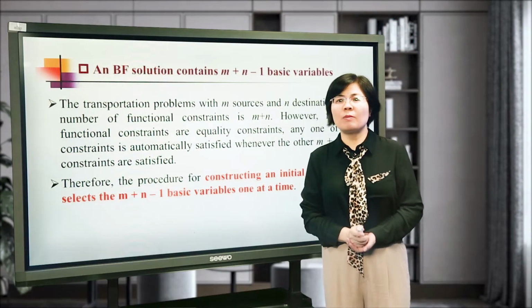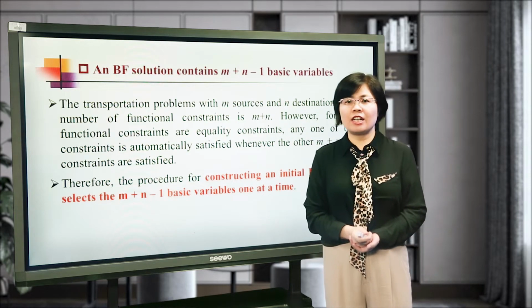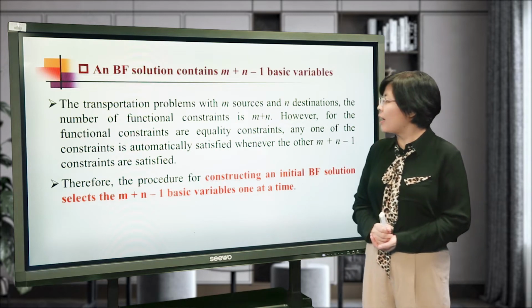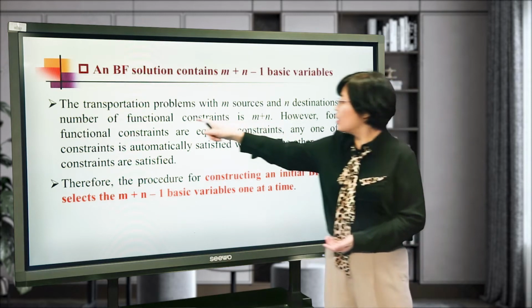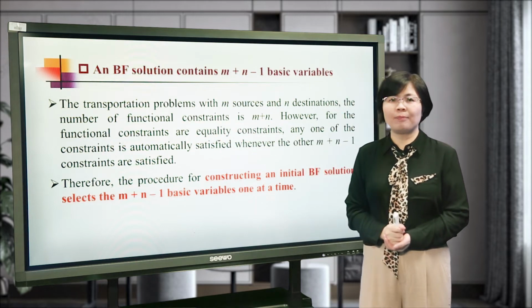For a transportation problem with m sources and n destinations, the number of functional constraints is m plus n.